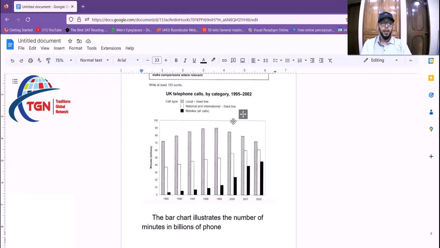So let's just say of phone calls in the UK, and let's put the full form, United Kingdom, by category, as it says on the title of the bar graph, to make our life easy. By category from 1995 to 2002. Done. So this basically is a very simple way to paraphrase.